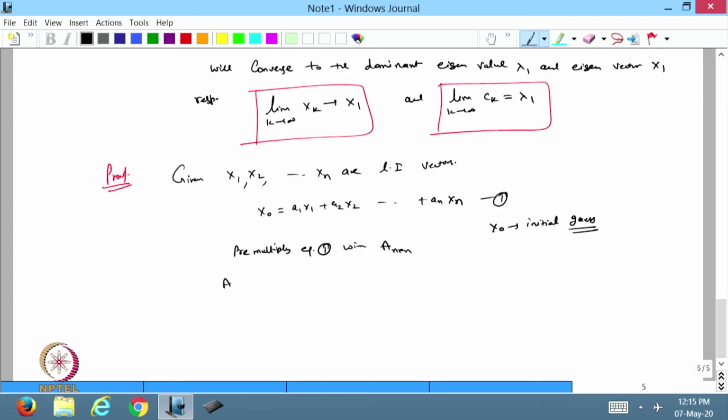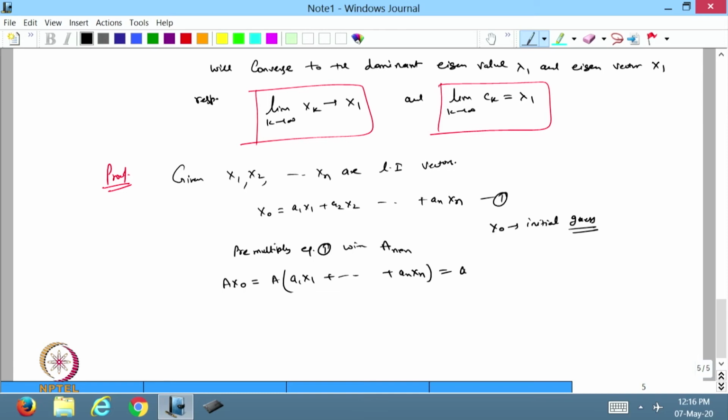So, I can write A x naught as A1 A x1 up to An A xn. This A matrix I can take inside, because A1 is a constant.